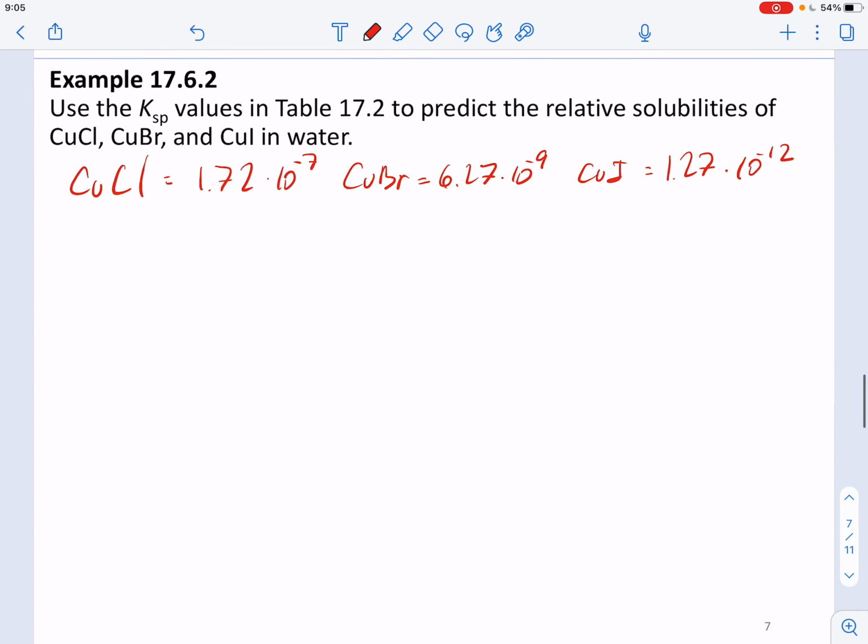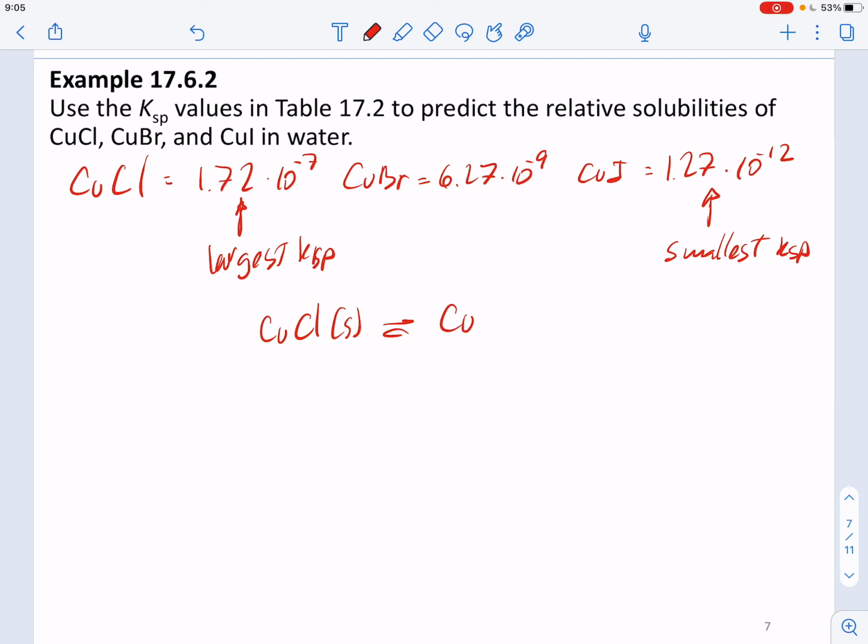Okay? So what do we notice here? This one is the largest Ksp, and this one is the smallest Ksp. Since we have the same stoichiometry here, we can just quickly review that. CuCl as a solid will dissociate into copper 1+ and chloride.